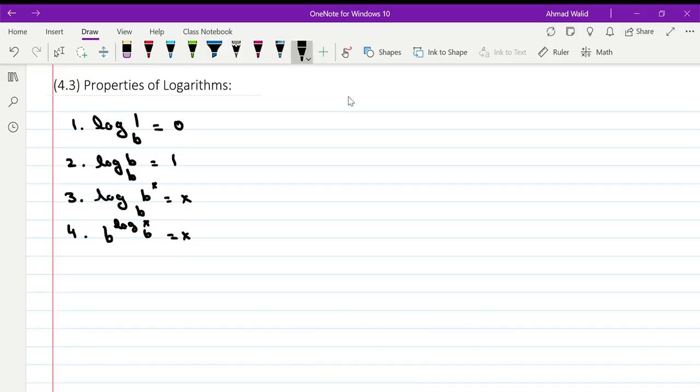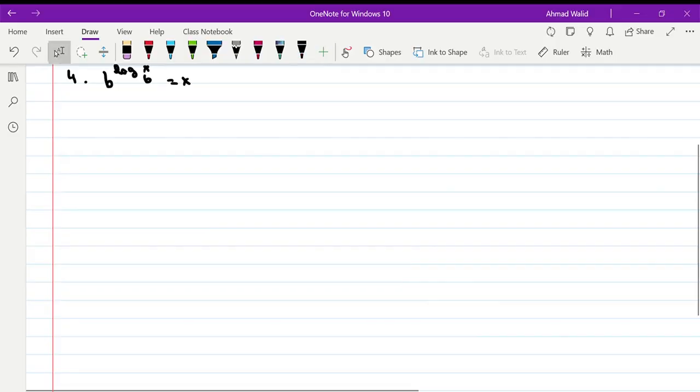These were the 4 basic rules of logarithms that you learned in section 4.2, and we did a few very simple examples in section 4.2. Now I'll start section 4.3 with the first important rule, which we call the product rule.